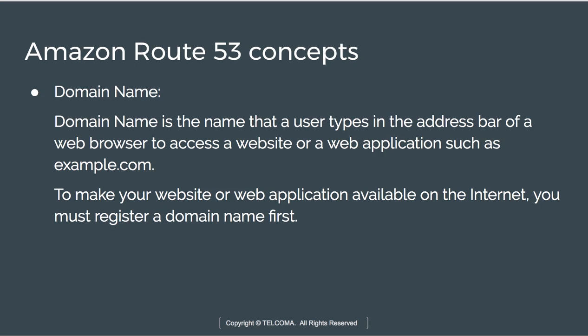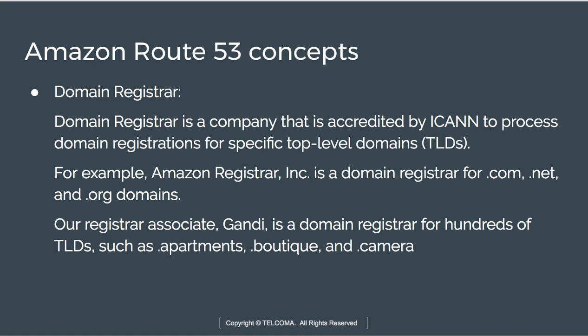Suppose we have telcoma.com, amazon.com. To make your website or web application available on the internet, we need to register the domain name first. That is done through a domain registrar.